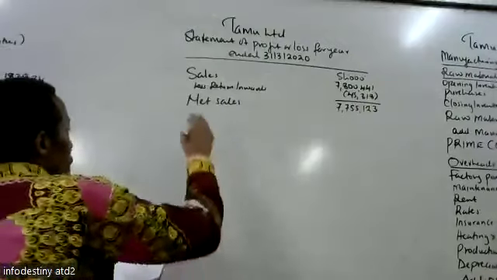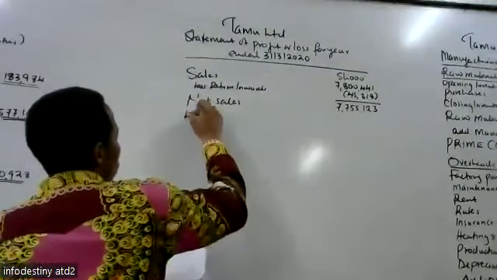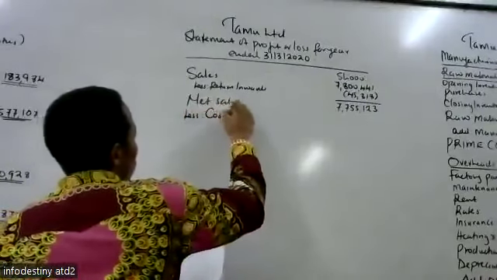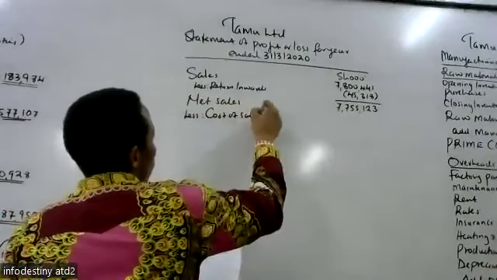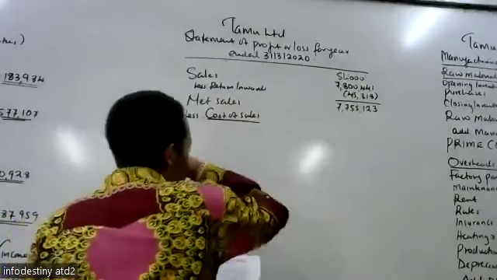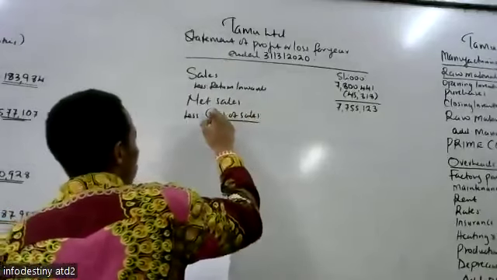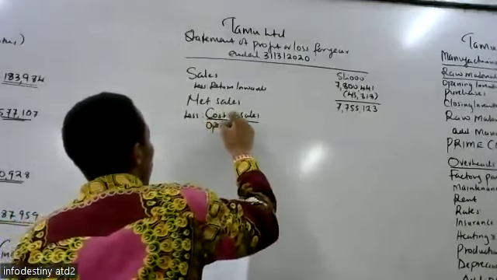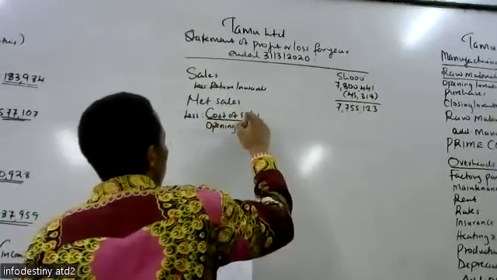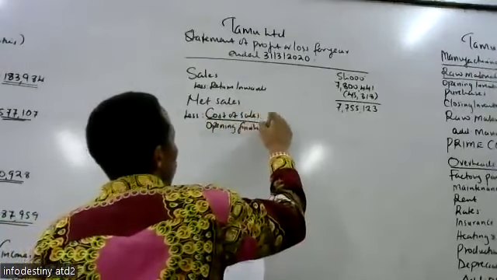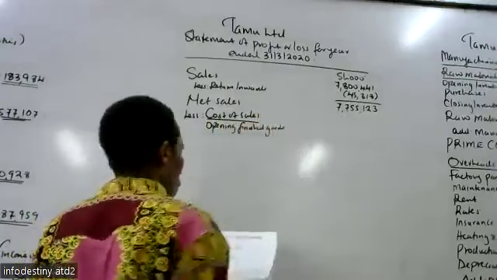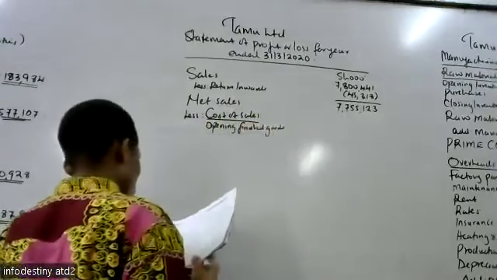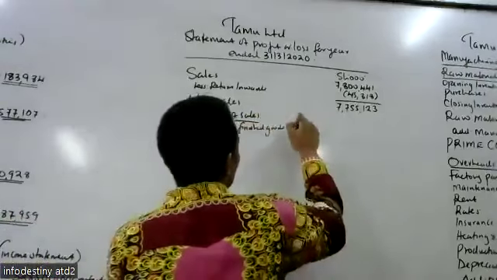Then from there we less the cost of sales, whereby we start with the opening inventory of finished goods. So you can call it opening finished goods. Opening finished goods were given as 750,000.